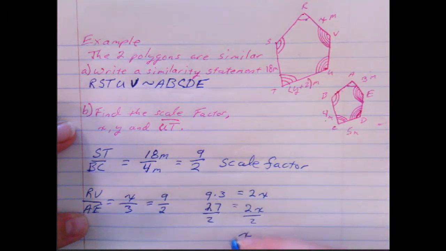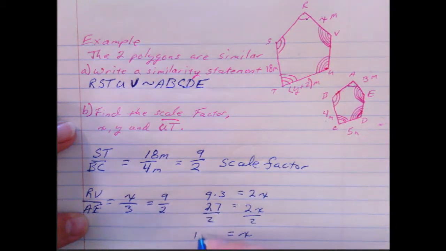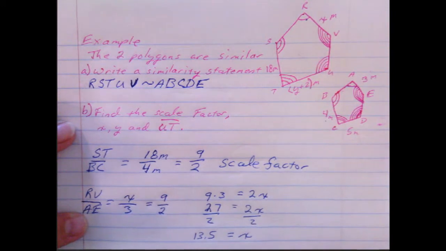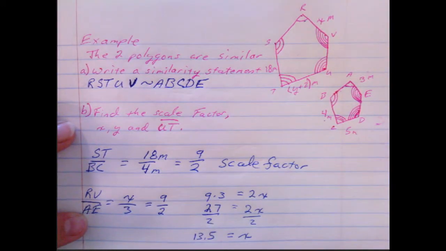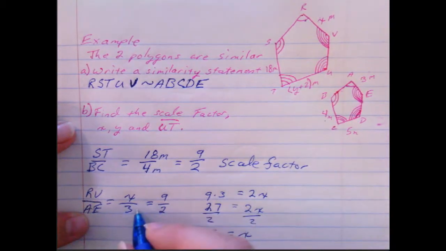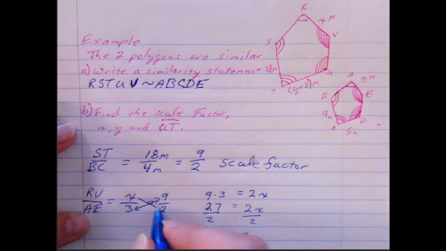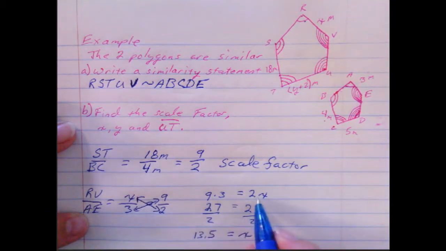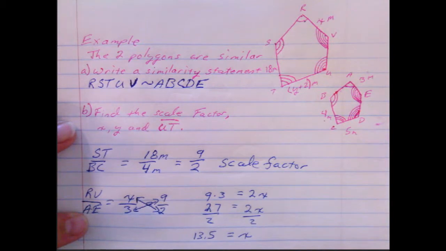So x equals half of 27, which is 13.5. Okay, so x equals 13.5. And like I said, all I did to get my equation is cross multiply: 9 times the 3, x times the 2, and then solve for x.